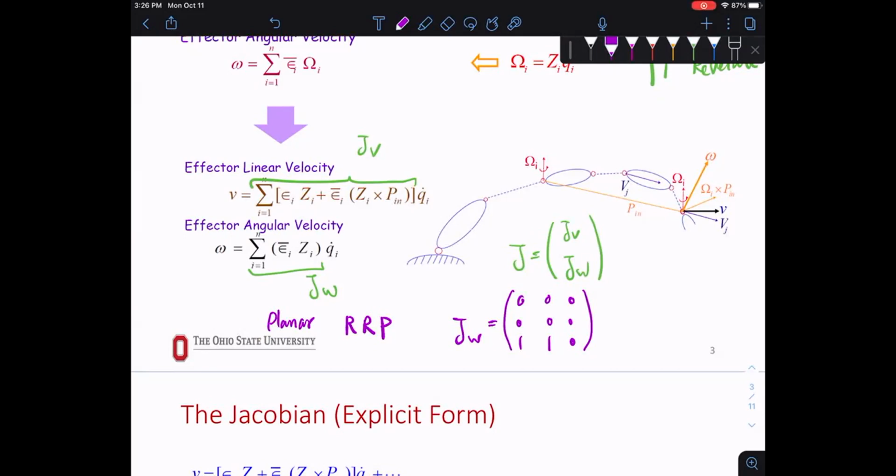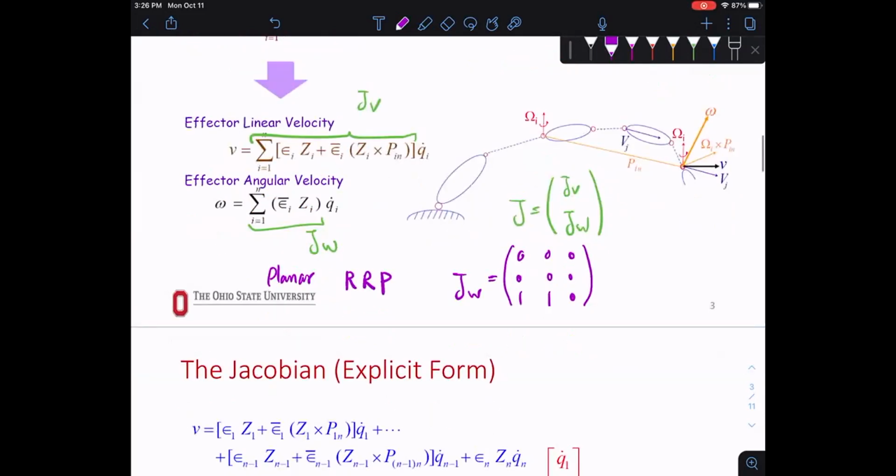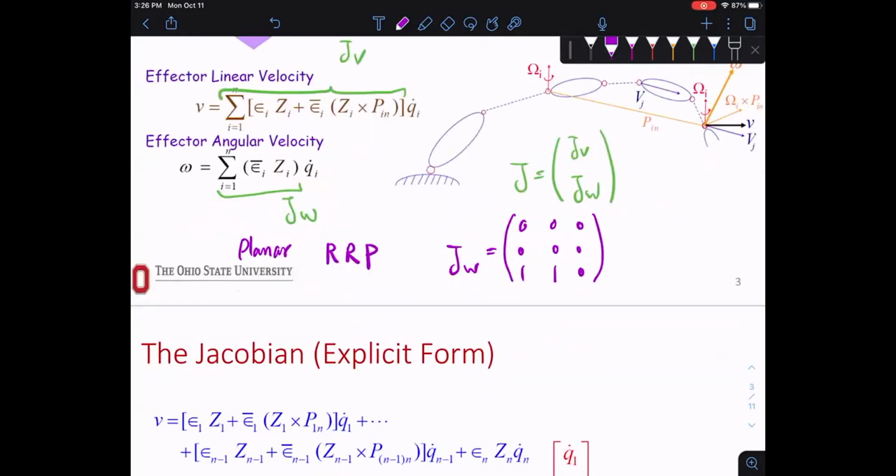Let's do another example. If we had, let's see, this is Z1, this is your base frame, X, Y, Z, 0, and then this is Z2, and then this is your P. So this is Z3.